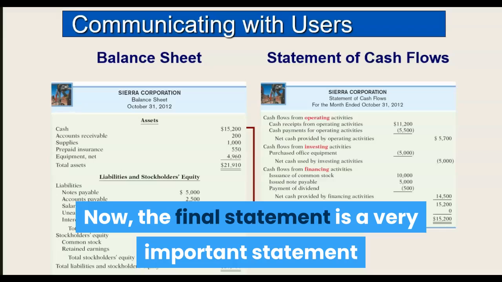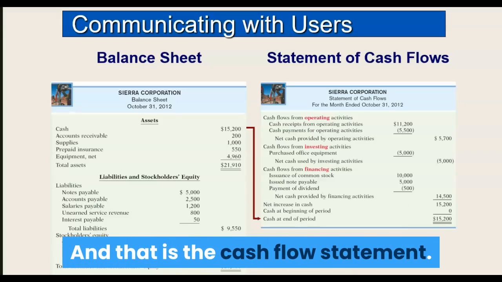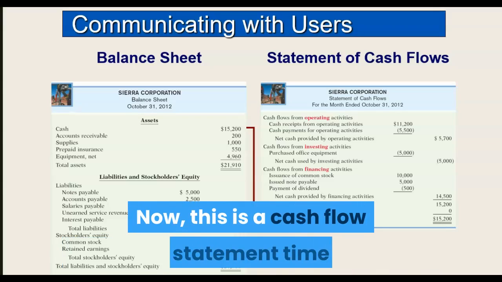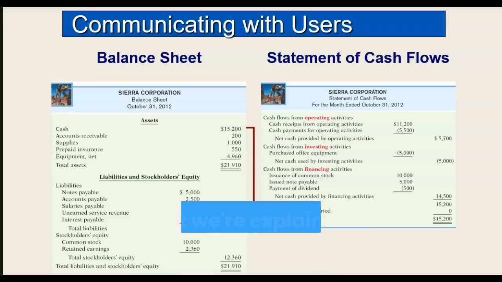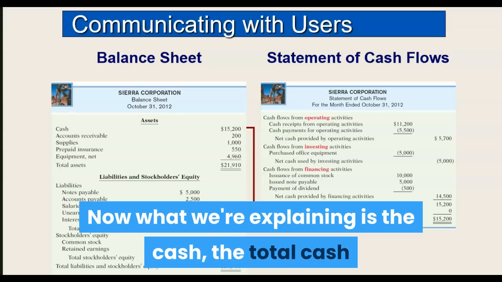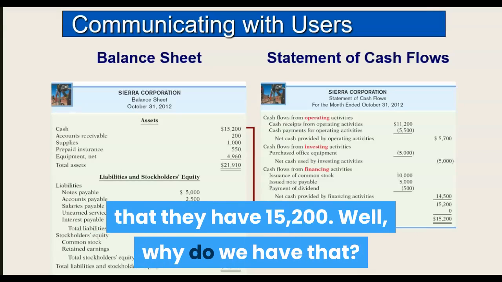Now, the final statement is a very important statement, which we'll take more in depth later in this course, and that is the cash flow statement. Now, this is a cash flow statement, time period from October 1st to October 31st. Now, what we're explaining is the cash, the total cash that they have, $15,200.